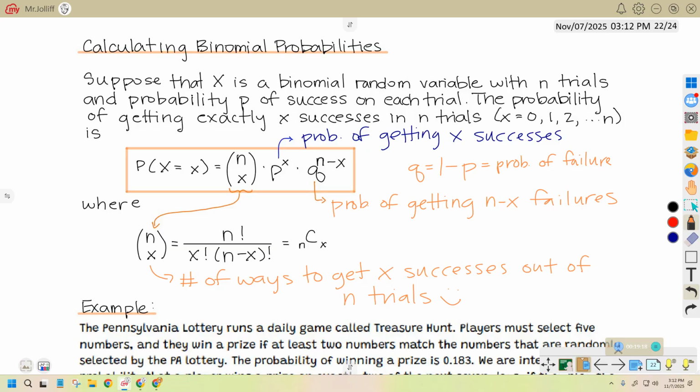I got the first question correct, or I got the second question correct, or I got the third question correct, all the way down the chain. Yeah, 5 possible ways to do that. So 5 choose 1 is the number of ways to get 1 success out of 5 trials. 1 question correct on a 5-question true-false quiz. That's what that is calculating for us.